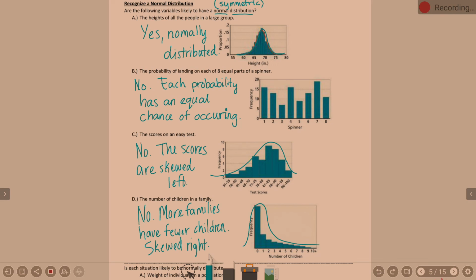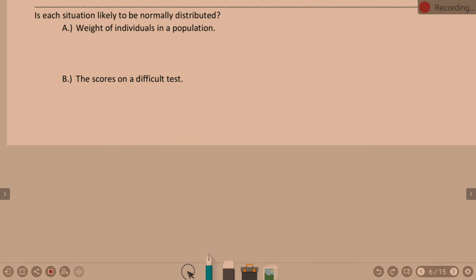Is each situation likely to be normally distributed? Weight of individuals in a population. Again, I know it's all a matter of opinion. It's all trying to analyze trends. Thoughts? I would say yeah, like height.